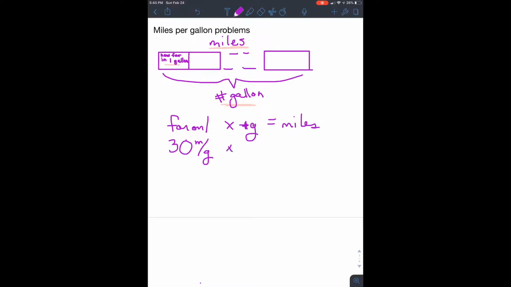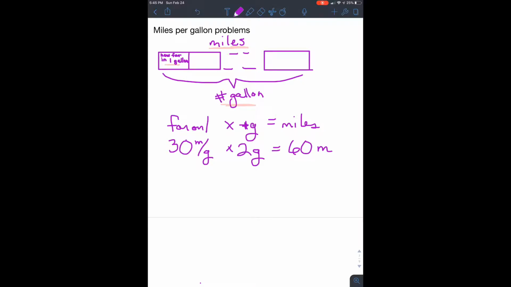Let's say it can only hold 2 gallons of gas. Well, 30 times the 2 gallons would equal 60 miles. So he could go 60 miles on a tank of his 2 gallons of gas because he gets 30 miles per gallon.